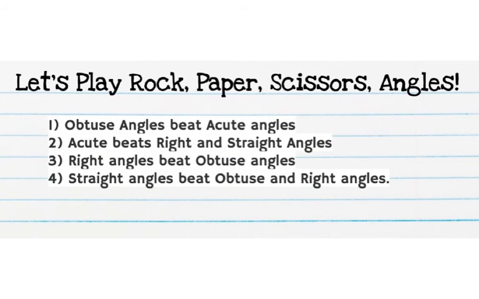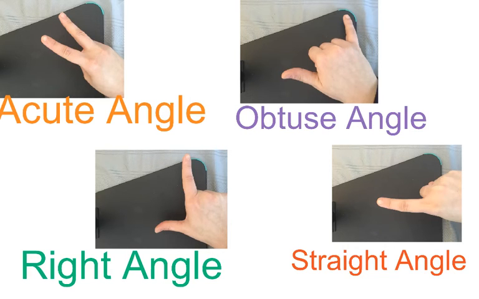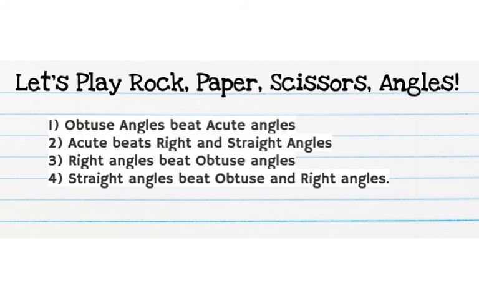You would play by first finding a partner, and with your partner deciding who's going to be counting first. And then we'll say rock, paper, scissors, angles. And then on angles, you make an angle with your hands. You can go back to this page to help you remember how to play or which angles to make.